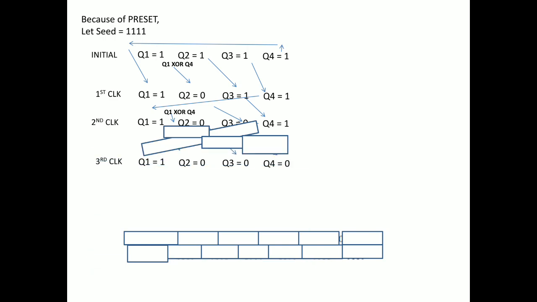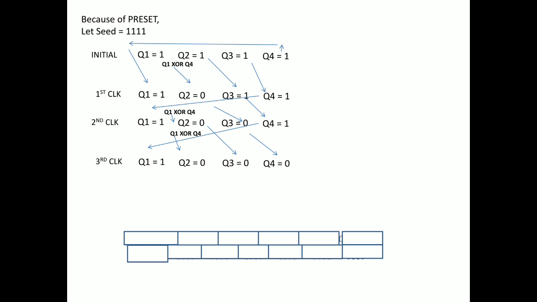At the third clock cycle, q1 is nothing but q4 value, so q1 equals 1. q2 is q1 XOR q4; q4 is 1, q1 is 1, and 1 XOR 1 is 0, so q2 is 0. q3 is the previous clock cycle q2 value, which was 0, so q3 is 0. Similarly, q4 is the previous clock cycle q3 value; in the second clock cycle q3 is 0, so now q4 is 0.